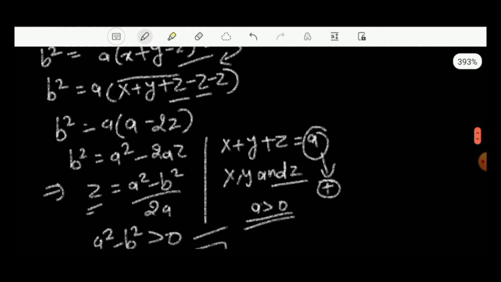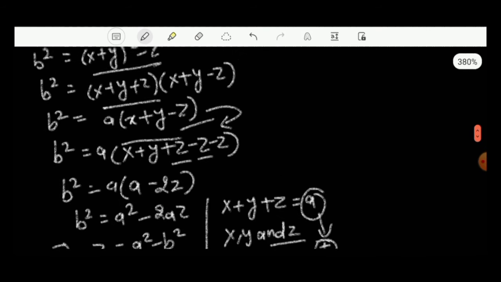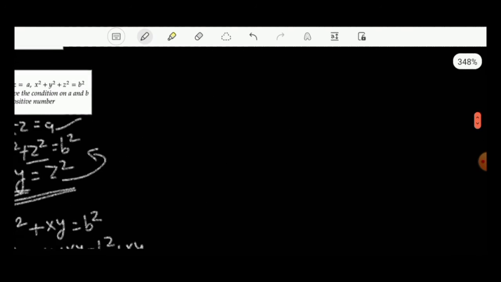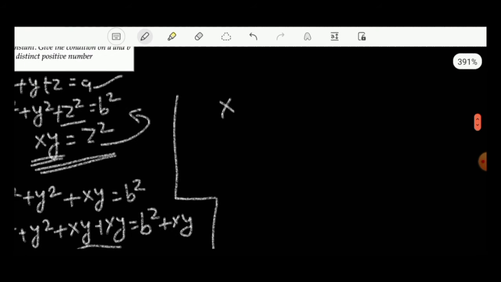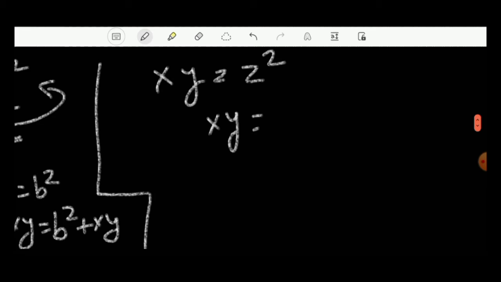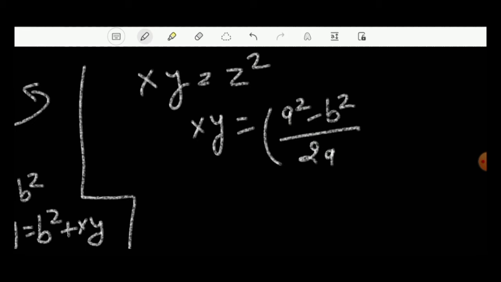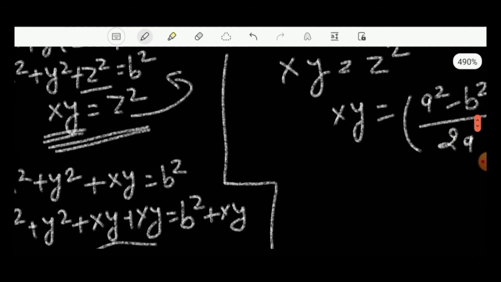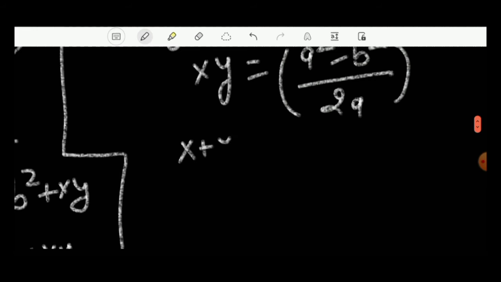Okay, now I'm going to substitute this z, what we obtained here, in the above equations. So we can simply say that x multiplied by y is equal to z square. After substituting the value, we'll obtain a square minus b square divided by 2a whole square. And next we can substitute in this first equation, which is x plus y plus z is equal to a.